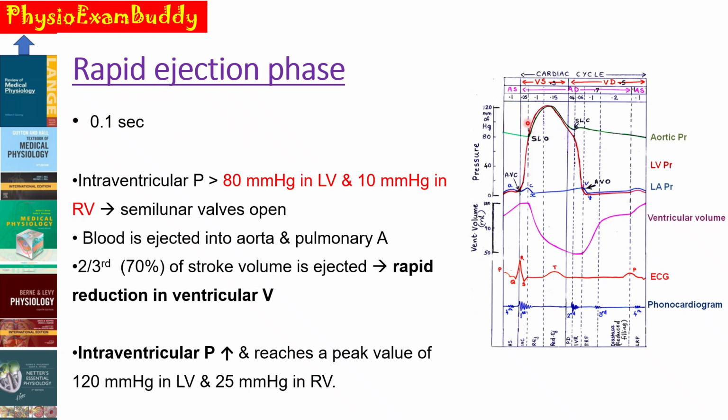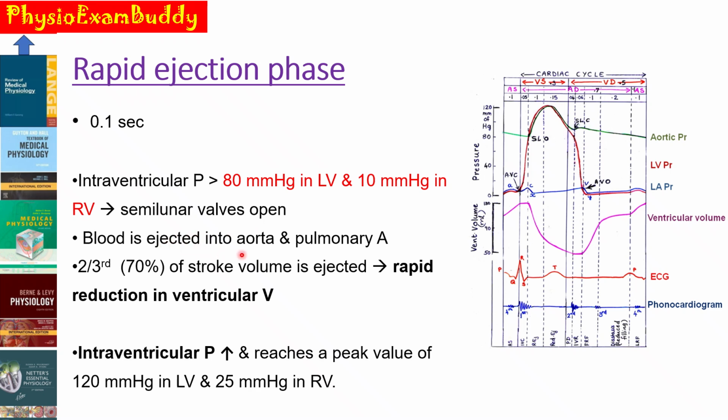Next to the isovolumetric contraction is this 0.1 second phase, the rapid ejection phase. As soon as the intraventricular pressure exceeds 80 millimeters of mercury in the left ventricle and 10 millimeters of mercury in the right ventricle, the semilunar valves will open. What happens when the semilunar valves open?